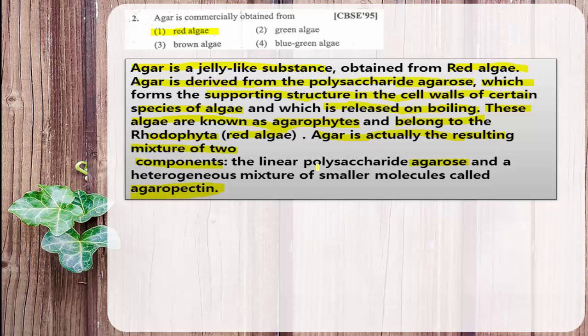With the mixture of these two, agar is obtained from the agarophytes, and it is released on boiling these red algal members. So the right answer for this question is option 2.